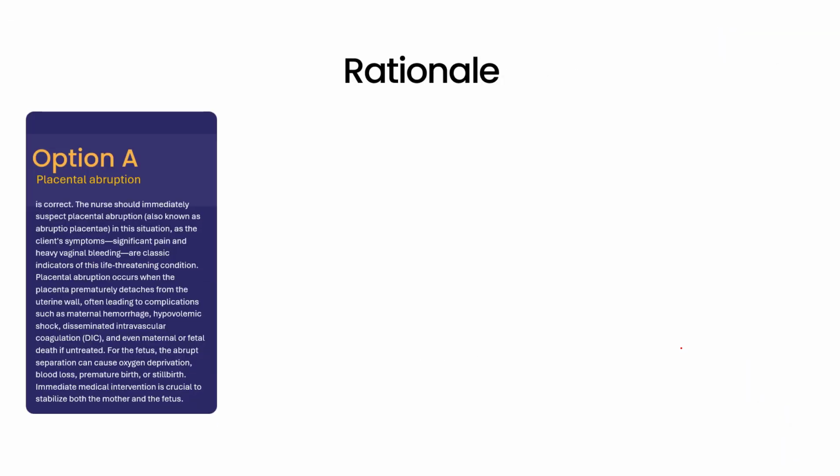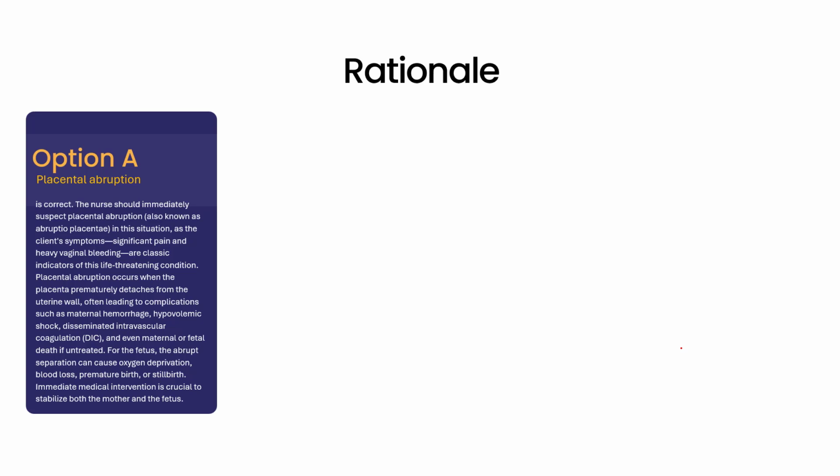The nurse should immediately suspect placental abruption, also known as abruptio placentae. In this situation, the client's symptoms, significant pain and heavy vaginal bleeding, are classic indicators of this life-threatening condition.